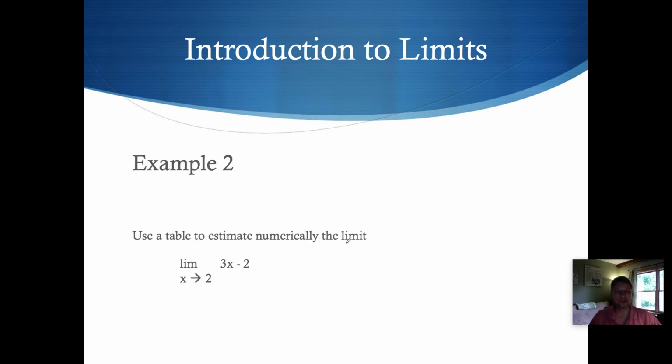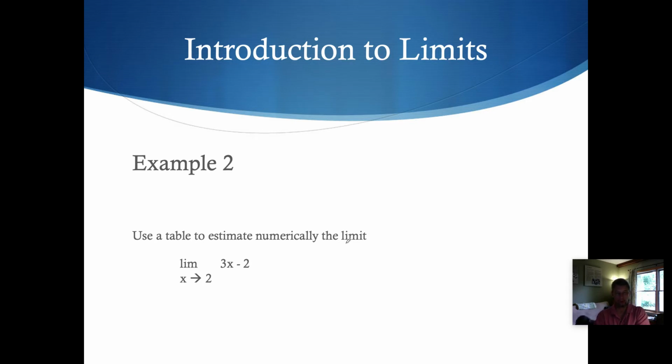So let's look at another example in order to figure out what we can do with this kind of information. Example number 2 asks you to use a table to estimate numerically the limit, as x approaches 2, of the formula 3x minus 2.